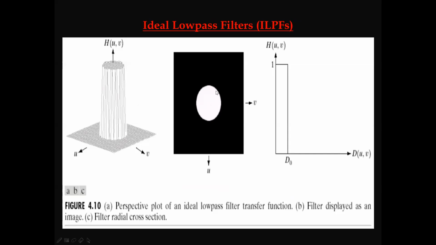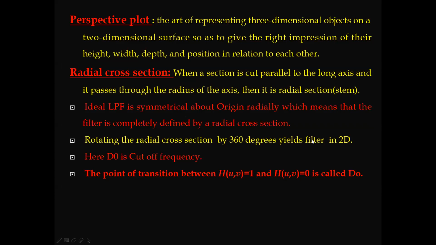Inside the circle we have white color, which means those frequencies are passed, and the black region means those frequencies will not be passed by the filter. So it is the filter displayed as an image. The last one is a well-known one. We know very well the transfer characteristics of the low pass filter. Up to D0 it passes, and after D0 it won't pass any frequencies.